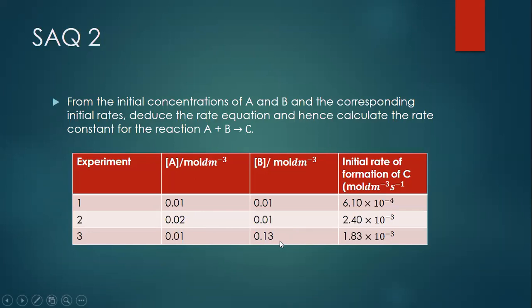Because dividing the 0.13 by the 0.01, you get 13, and dividing the 1.83 times 10 exponent minus 3 by the 6.10 times 10 exponent minus 4, you're going to get 3.